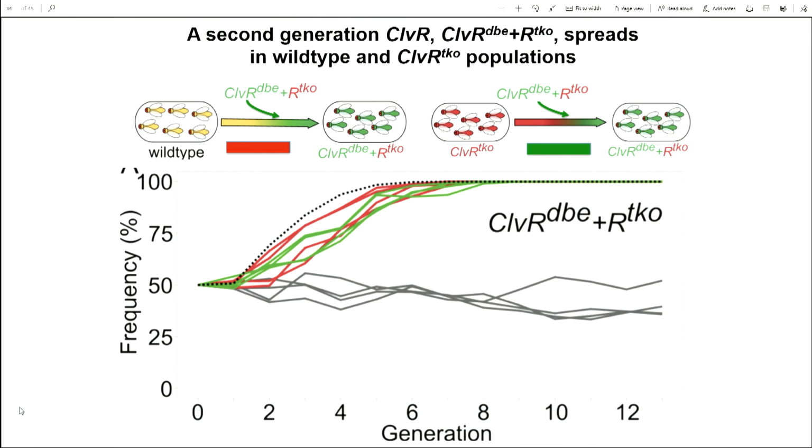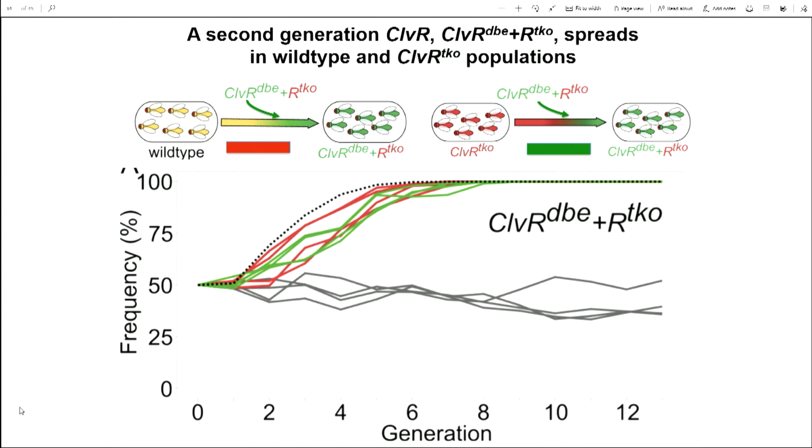So we've actually done this in a couple of ways now, and this is really just the final data slide, where the idea is that we have wild types here, and we have a new cleaver that we call cleaver dribble plus rescue TKO. And so this is a dribble cleaver, and then it has the rescue transgene from TKO.